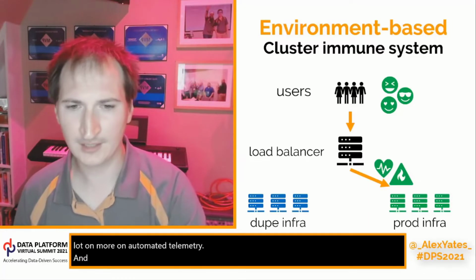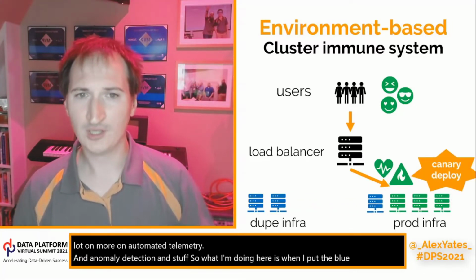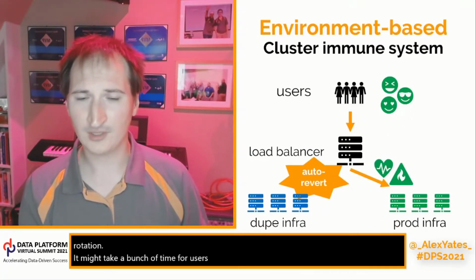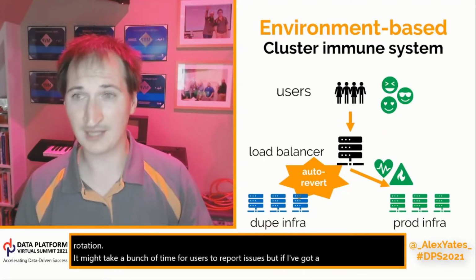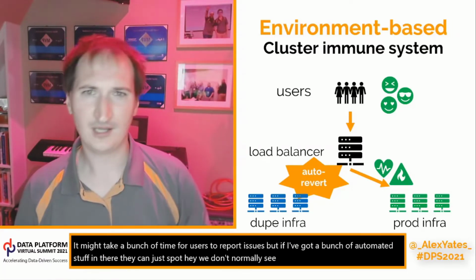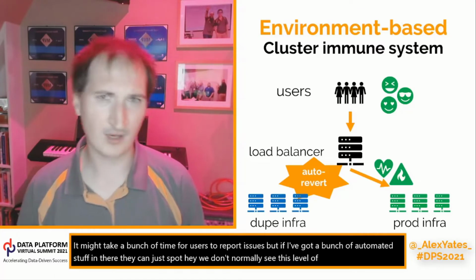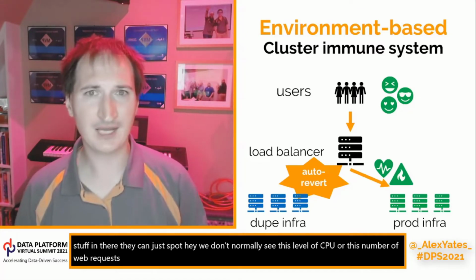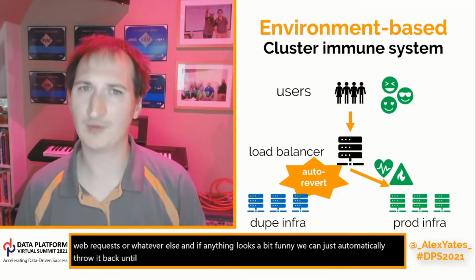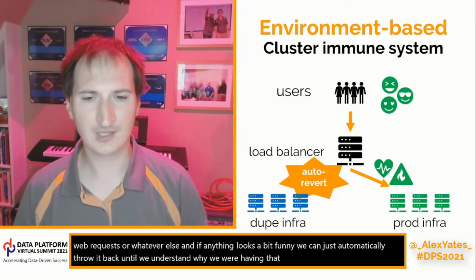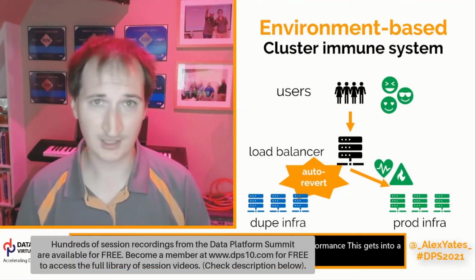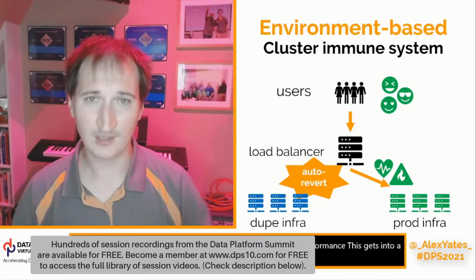So when I put the blue one into rotation, it might take a bunch of time for users to report issues, but if I've got a bunch of automated stuff in there that can just spot, hey, we don't normally see this level of CPU or this number of web requests or whatever else, and if anything looks a bit funny, we can just automatically throw it back until we understand why we were having that funny performance. This gets into a whole separate area of automated smoke testing, anomaly detection, telemetry monitoring.